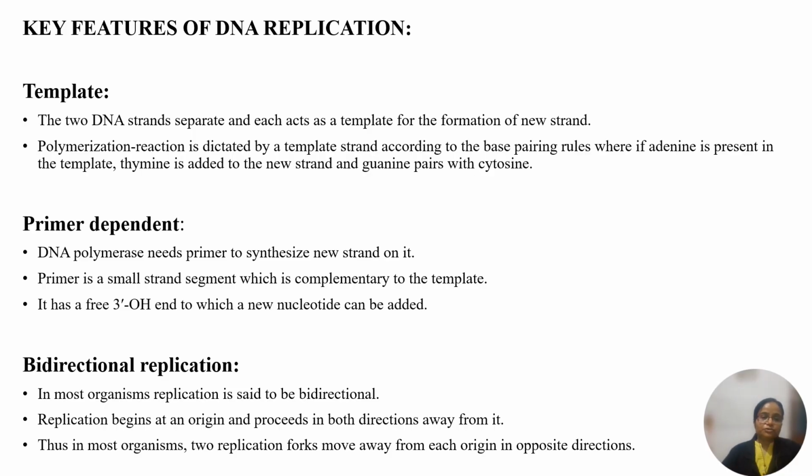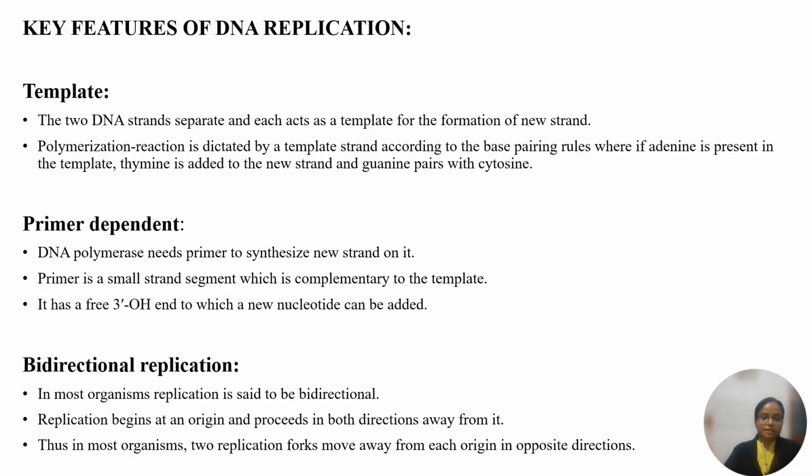Now, second keynote feature is that this process is primer dependent. So this means, what's a primer? Primer is an oligonucleotide. It's a stretch of the nucleic acid strand, which is like 10 to 12 nucleotides long. And onto this primer, our DNA polymerase enzyme adds the nucleotides one by one by extending the 3' OH group of the primer.